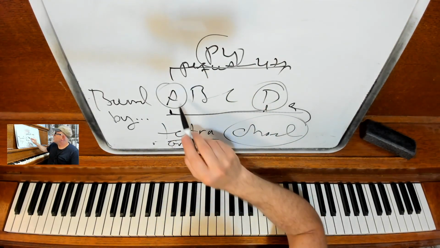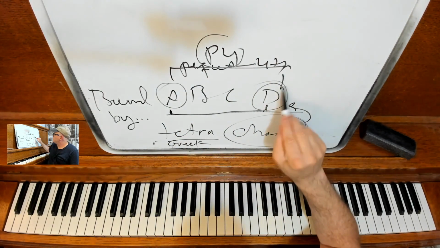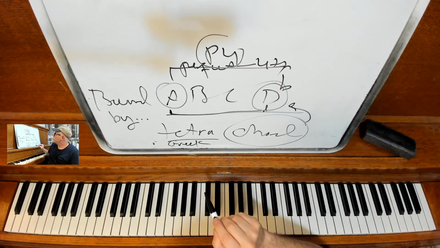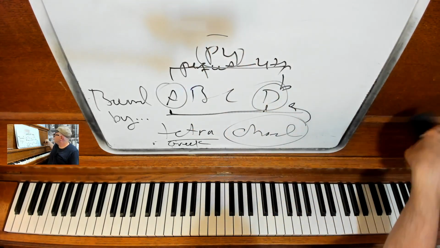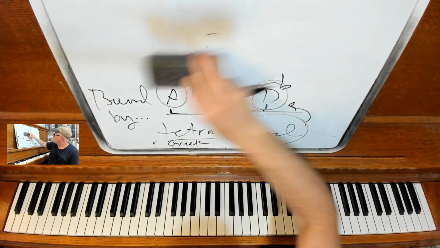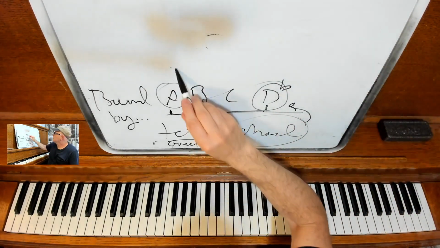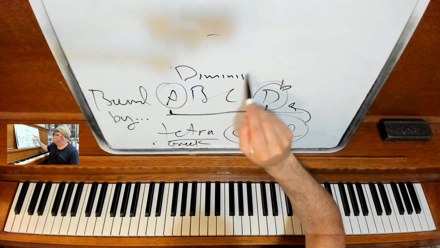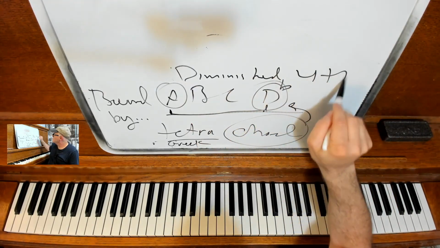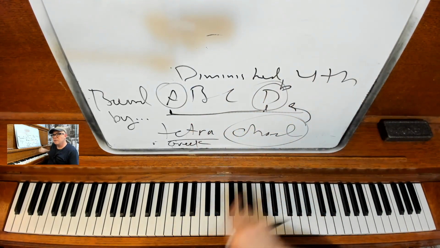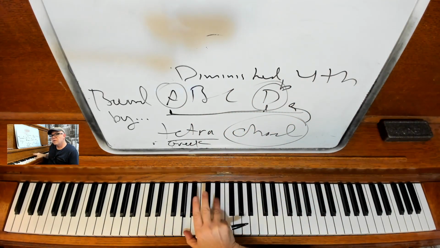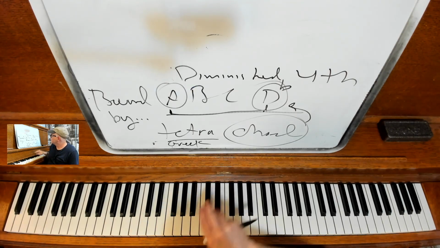You could have A up to D flat, and that would no longer be a perfect fourth. That would be called a diminished fourth, A to D flat. It looks like a C sharp.